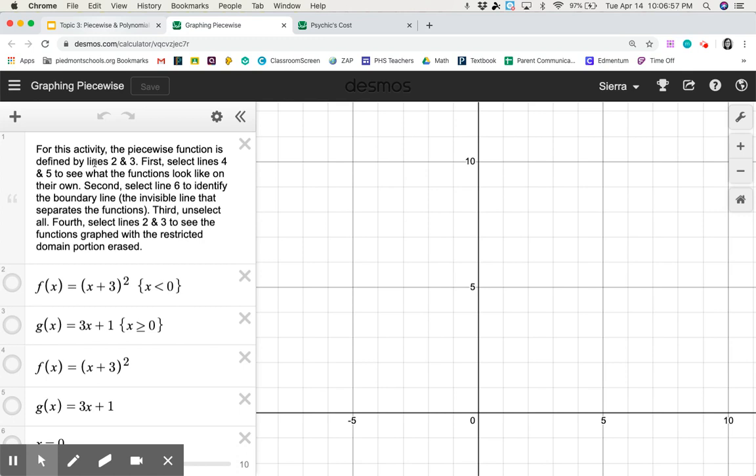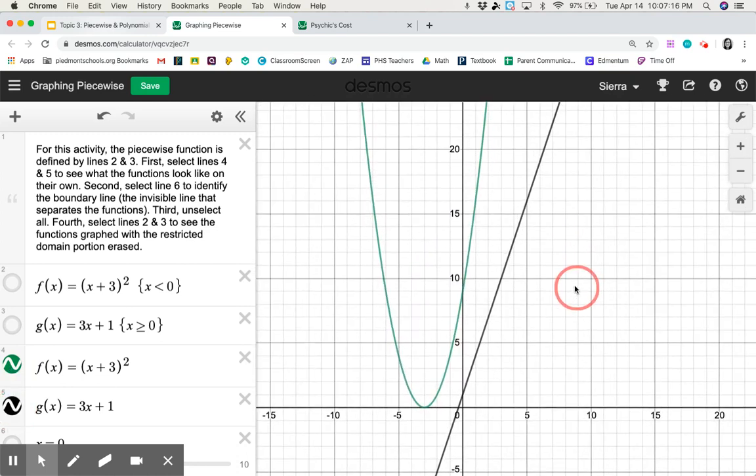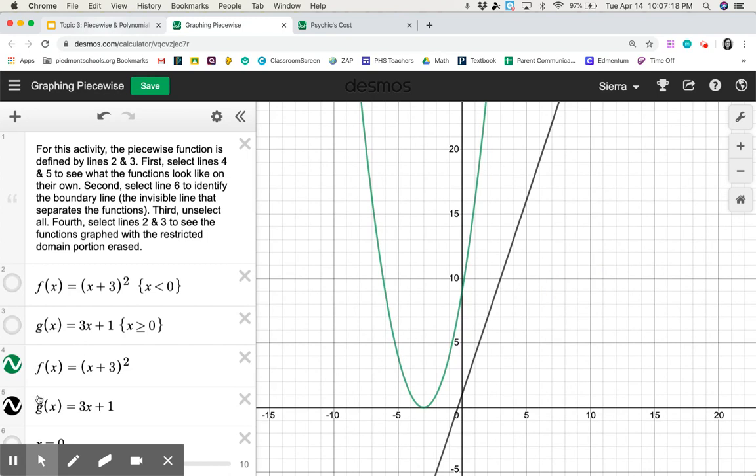Okay, so for this activity, the piecewise function is defined by lines 2 and 3, and you can see that because these have the x intervals, what my x values can be. First it wants us to look at lines 4 and 5, and lines 4 and 5 are just those two functions graphed just as they are with no domain defined.